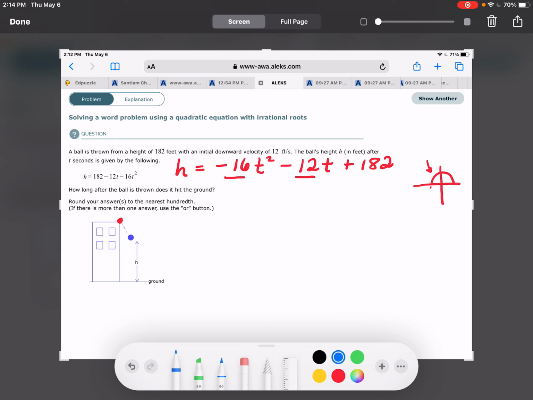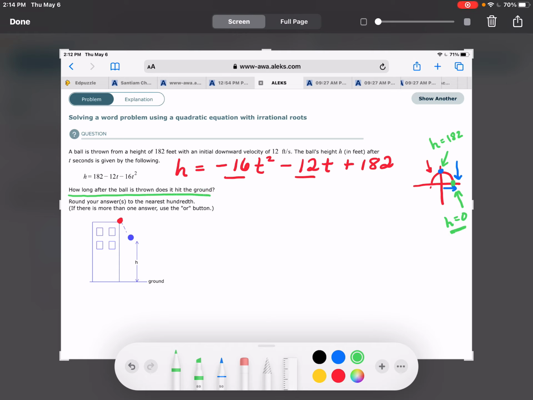The ball actually started here at 182 feet, and over time, time's going this way, it went down to the ground, and so we know that when it hits the ground here, the height will be 0. So here, the height is 182, and then here, when it hits the ground, the height is going to be 0. So our question here is, how long after the ball is thrown does it hit the ground?